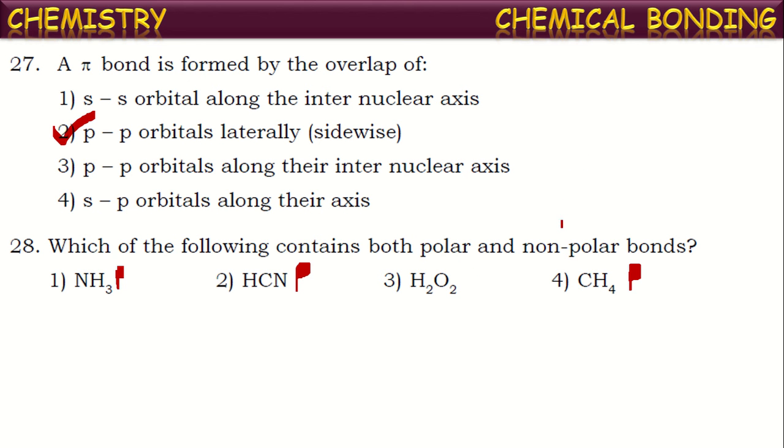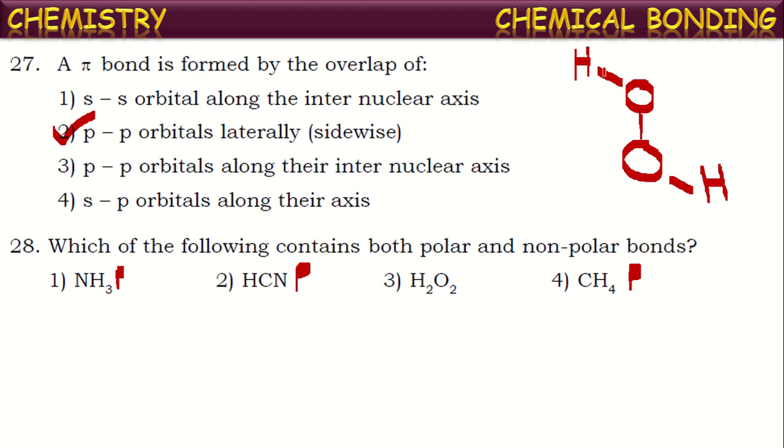But if we see the hydrogen peroxide molecule, between the oxygen atoms there exists a non-polar covalent bond, because it is formed between two similar atoms. Both have the same electronegativity and hence result in the formation of a non-polar covalent bond. And each oxygen forms a covalent bond with one hydrogen atom. This is a hydrogen peroxide molecule.